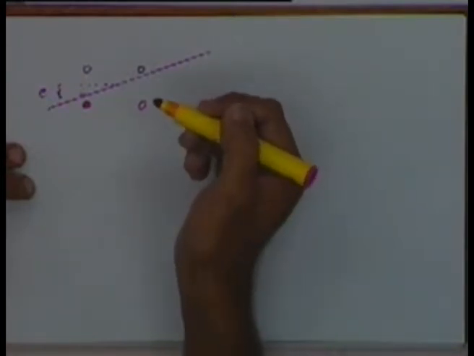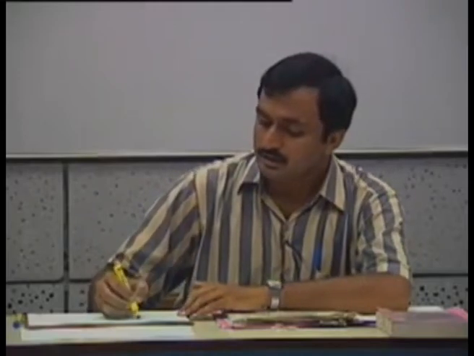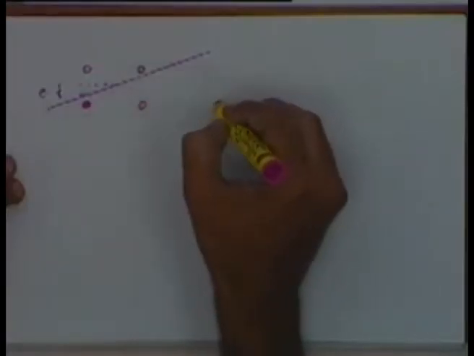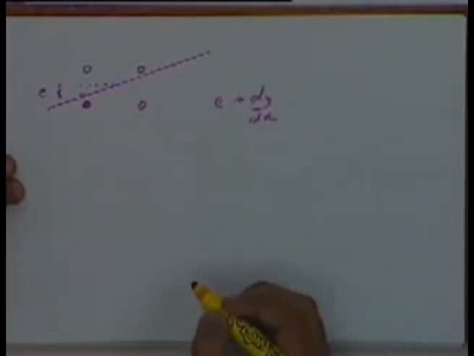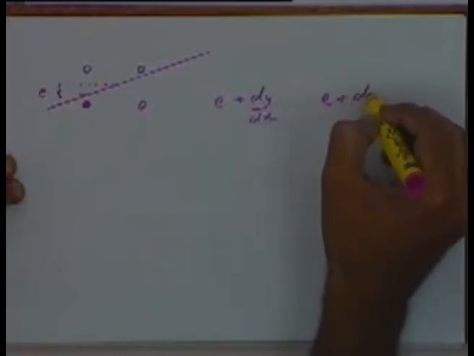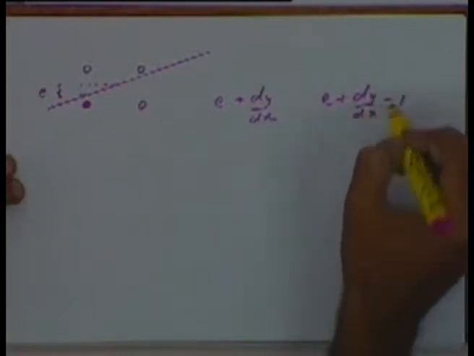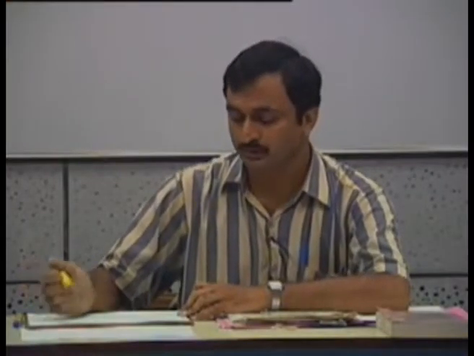What should be the criteria for deciding that? The one which gives a lower error. If this is displayed, the error will be E plus dy by dx. If this is displayed, the error will be E plus dy by dx minus 1. And we can compare the magnitude of the two errors and find out which is lower.